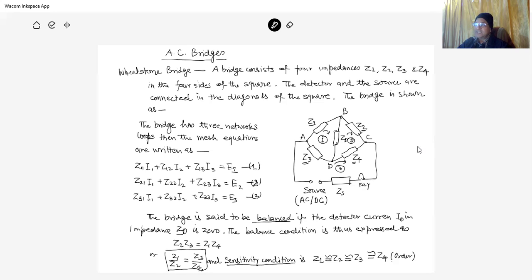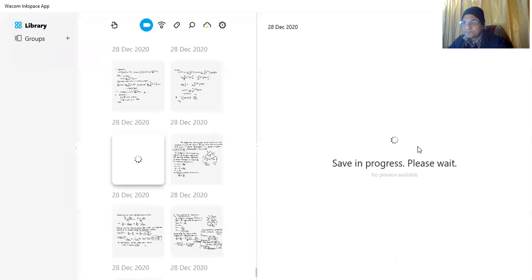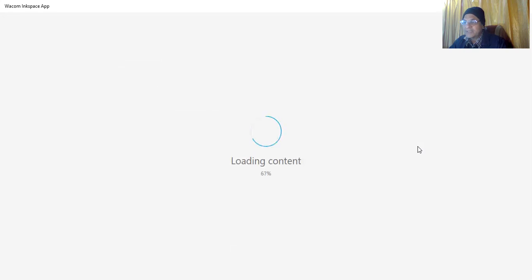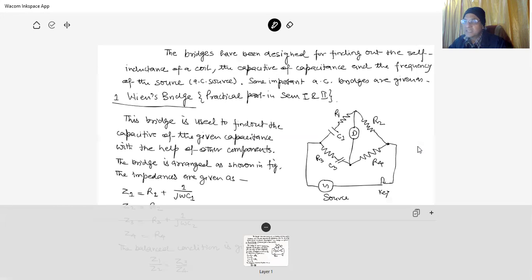This means the order of all the impedances in the Wheatstone bridge is the same, that is, Z1, Z2, Z3, Z4 are of the same order. Suppose the resistance is 100 ohm, then all of them must be of the order of 100 ohm. If it is 1000 ohm, then all must be of 1000 ohm. But in other cases, this will be different.